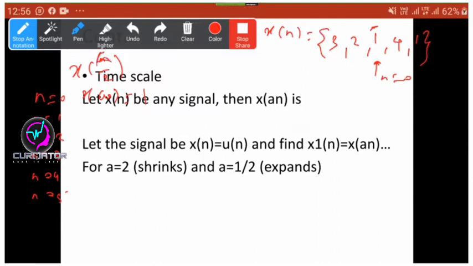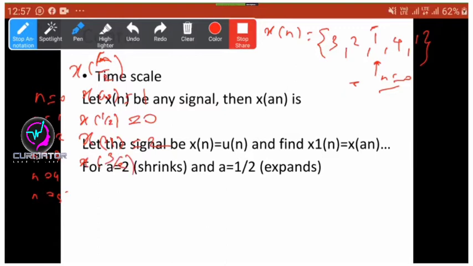Now I am substituting n equal to 1 here. So x of 1 by 2, there is no value in between x of 0 and x of 1, so it is also 0. Now x of 2 by 2 is x of 1, that is equal to 2.